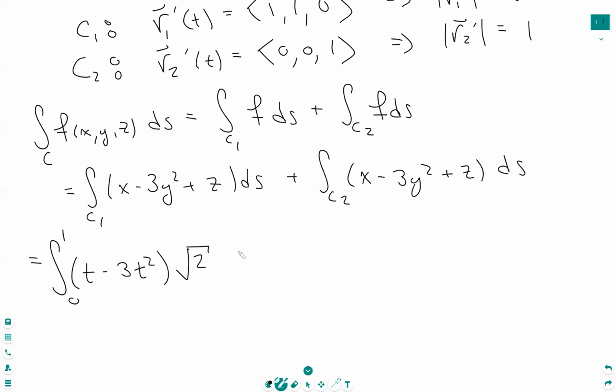Our ds was square root of 2 dt, so that's why I have the root 2 dt here. For the second segment, we still went from 0 to 1, but this time x and y were 1, and now z was t. So here we've got 1 minus 3 plus t, 1 times dt. So we'll just have a dt here.